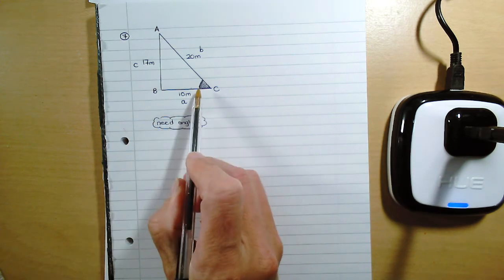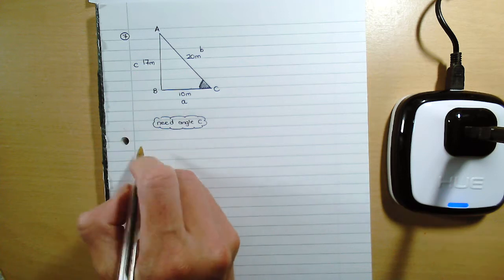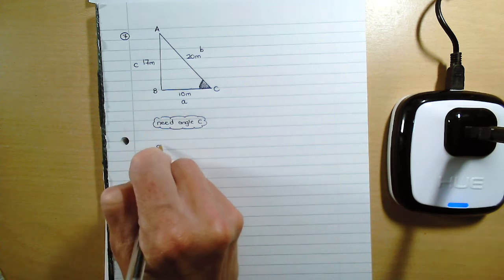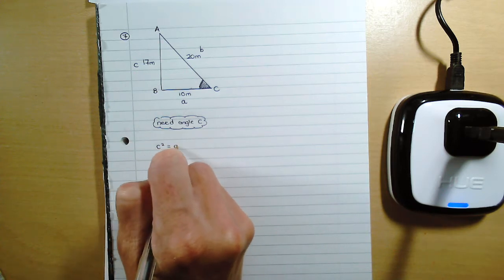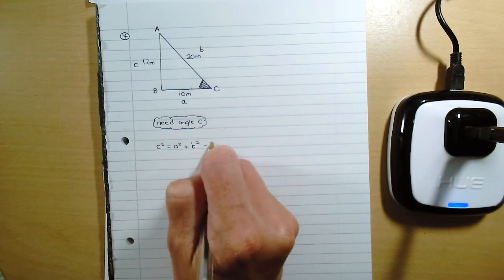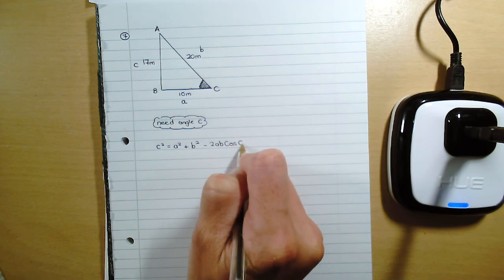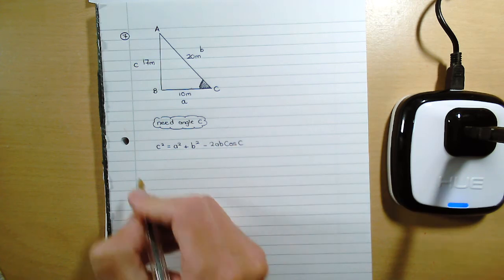So we start the cosine rule with the corresponding small letter, so small c. And then we sub in all the values.